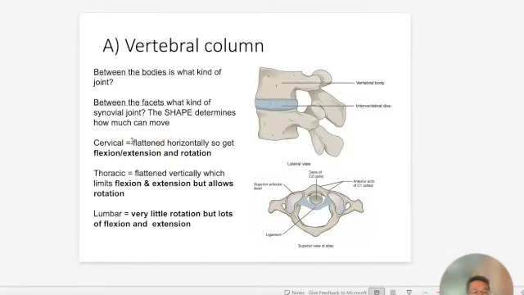In the cervical, it's flattened horizontally, so you get more flexion, extension and rotation. In the thoracic, it's flattened more vertically, so you have limited flexion and extension, but it allows rotation. In the lumbar, you have very little rotation, but lots of flexion and extension. So it depends on the joint that gives it its mobility.